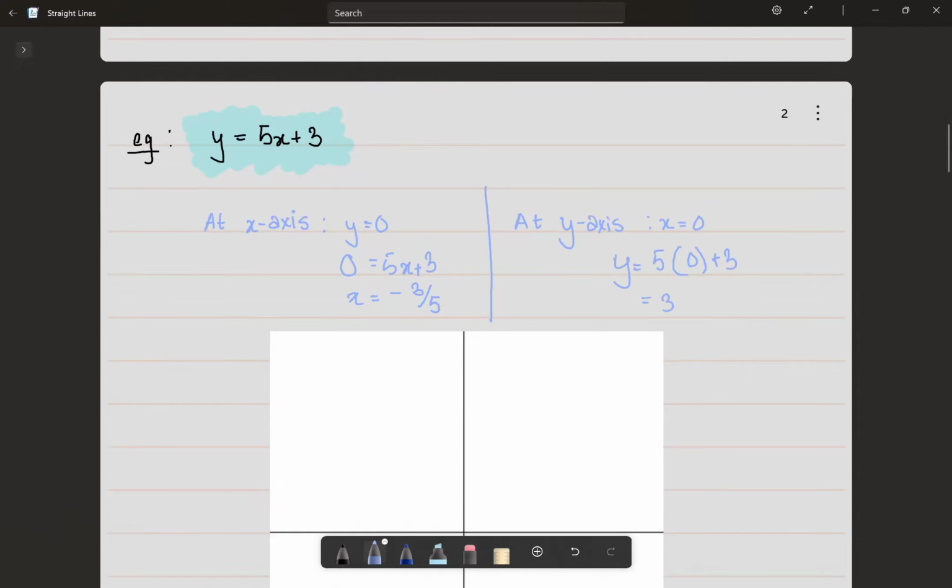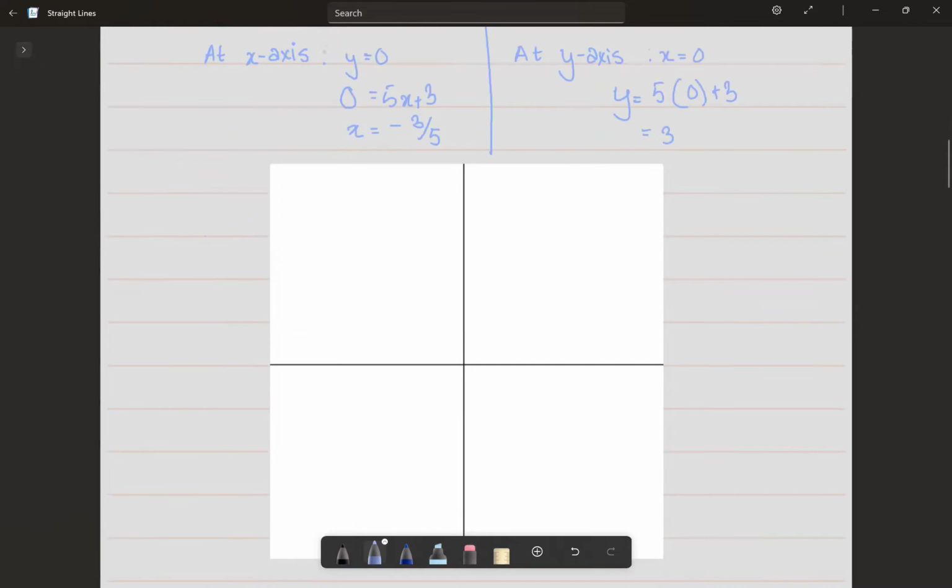Now, if we are to plot these 2 points, we have the y-axis given to us, we have the x-axis given to us. And if we plot these 2 points, we will get x is equals to negative 3 over 5. So negative 3 over 5 is closer to the origin and y is 3.